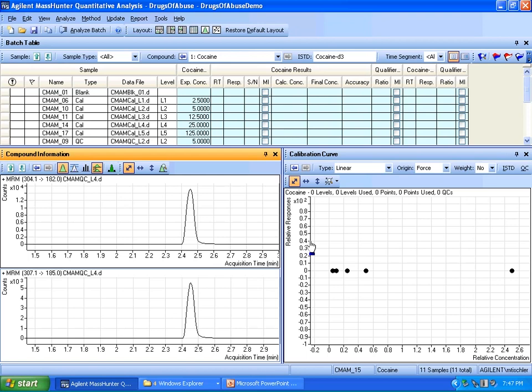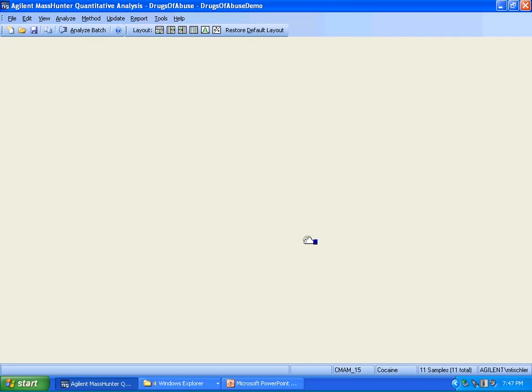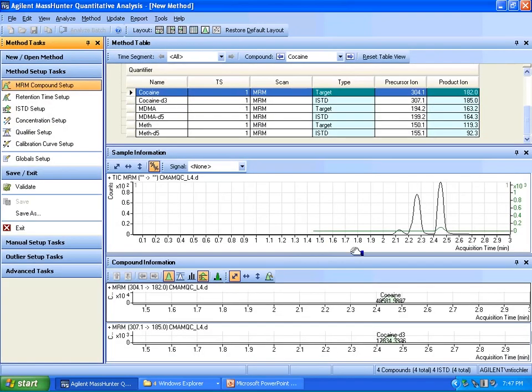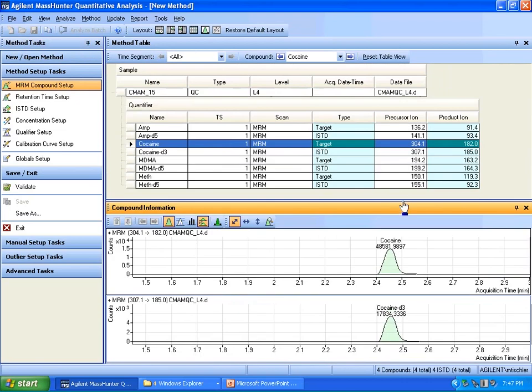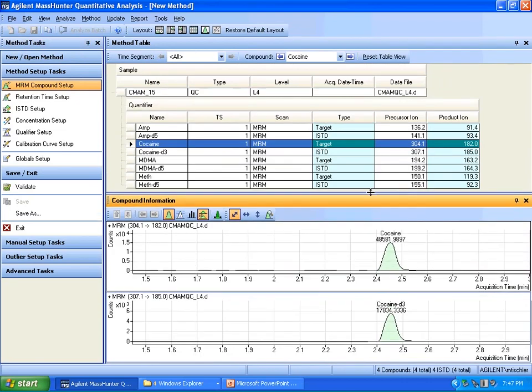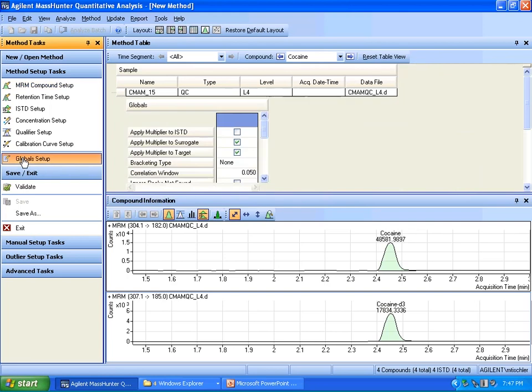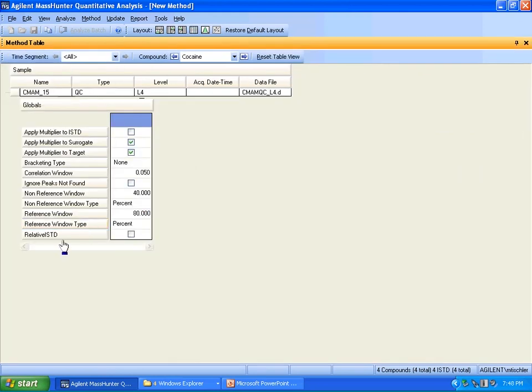Now go over to the method editor. Here I have the compounds. And what I'm going to do is to go to the globals setup. And looking at the globals, I have a choice on a batch basis to turn this into a relative ISTD analysis, and that's what I'm going to do.